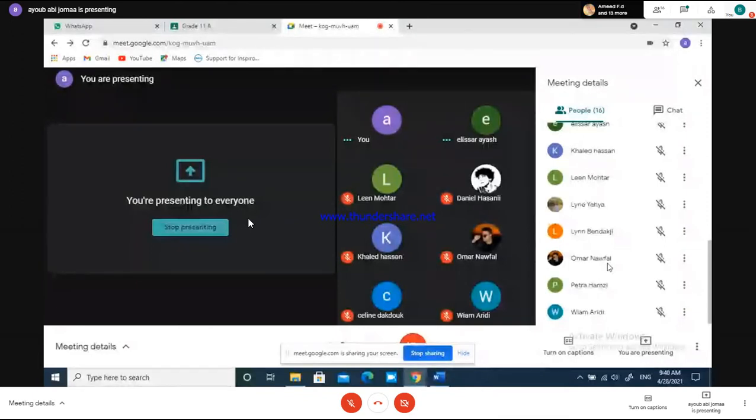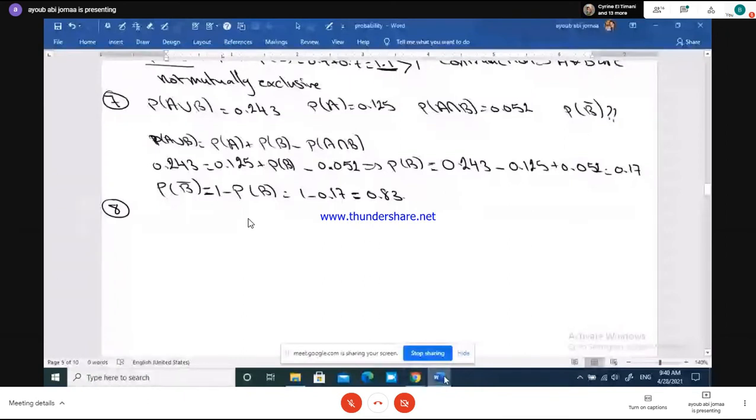Please try to solve exercise number 8. All of you. We have a jar that contains 3 red marbles, 5 yellow, and 2 green.